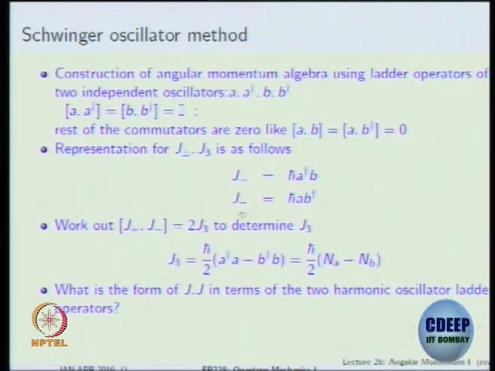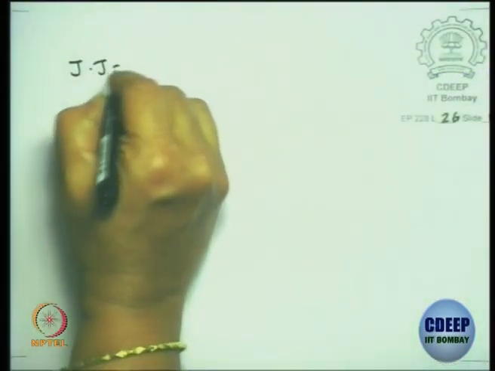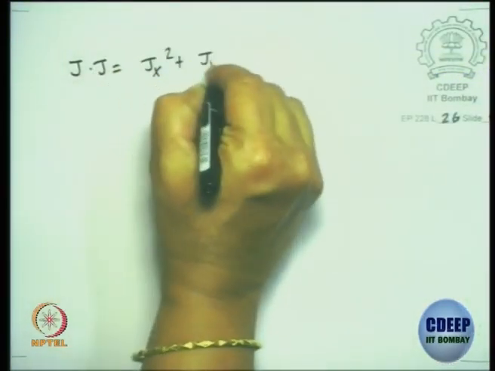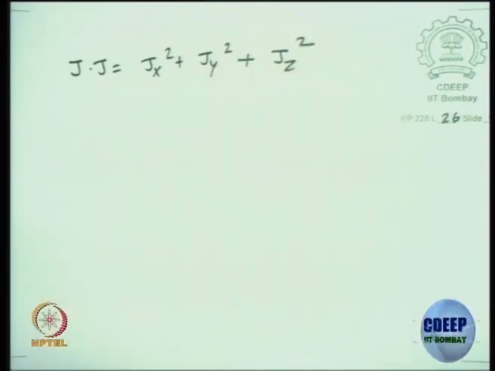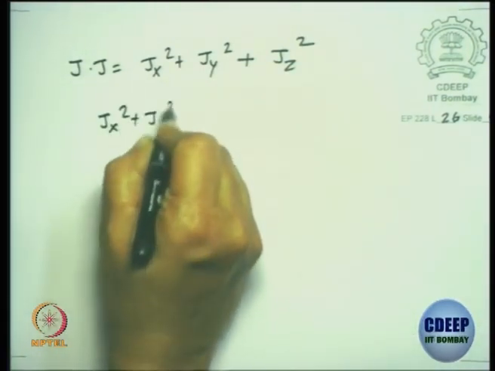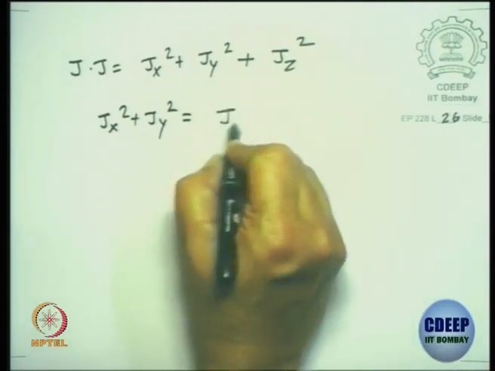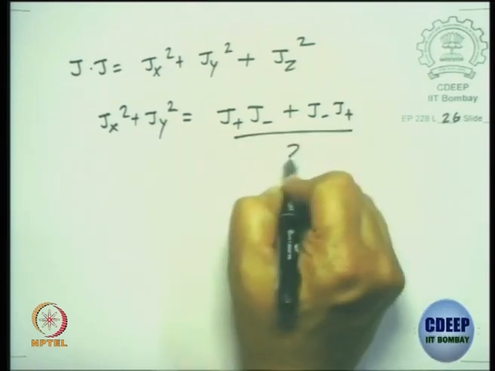Once I know J plus, J minus and J3, can I write J dot J in terms of J plus, J minus and J3? Someone? What will that be? Right? So can I write this Jx squared plus Jy squared as J plus J minus? Is this correct?